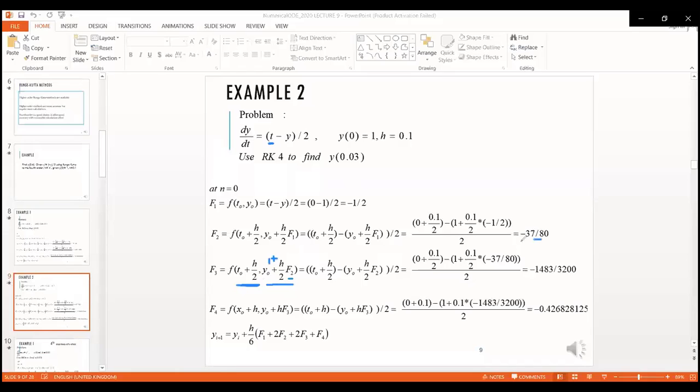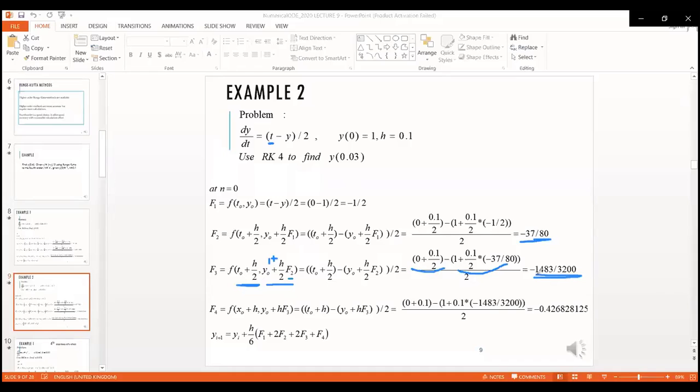So we substitute in the equation. This is T, and this whole thing is Y, over 2. Once you do the calculation, you end up getting negative 14483 over 3200.